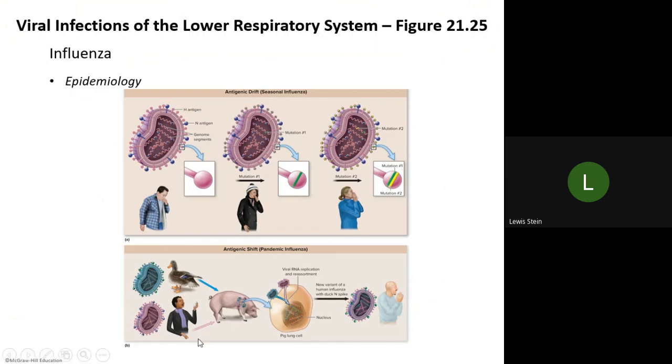On a farm or a market, a la Wuhan, you have a duck and a human and a pig. The farmer has fowl, they have pigs, and all of a sudden everybody gets sick. You incorporate an oddball from a different species, and you create a multi-species virus.